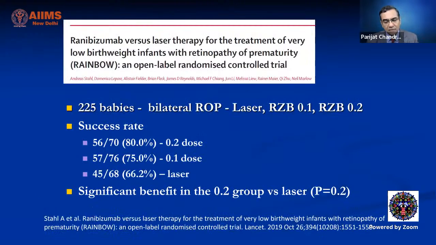Recently, however, the Rainbow trial results were also released, which again showed significant benefits of ranibizumab in zone 1 as well as zone 2 ROP. It was a multicentric study across the world, and it showed excellent results in injection over laser.